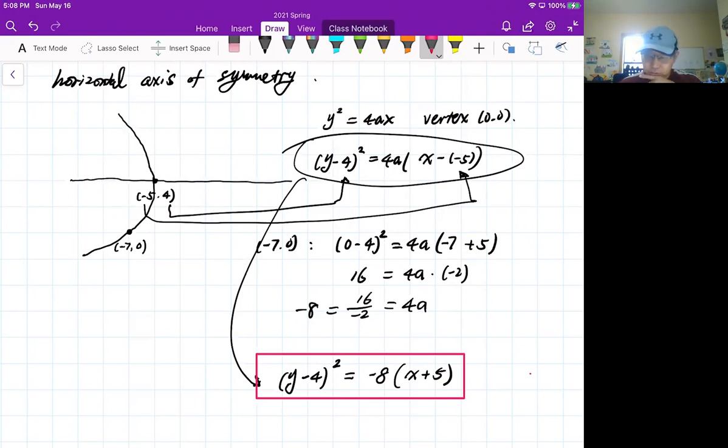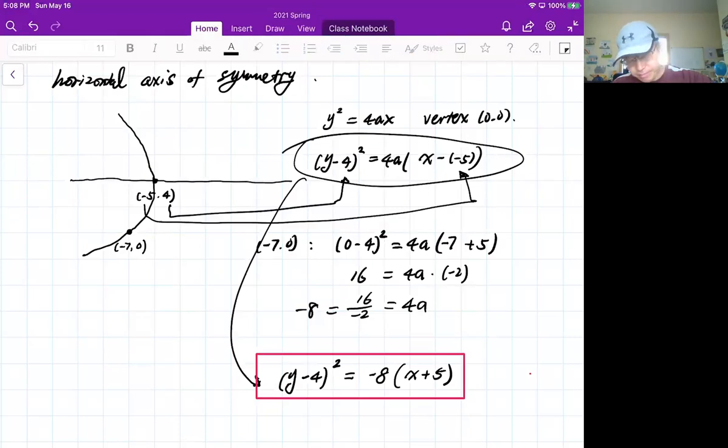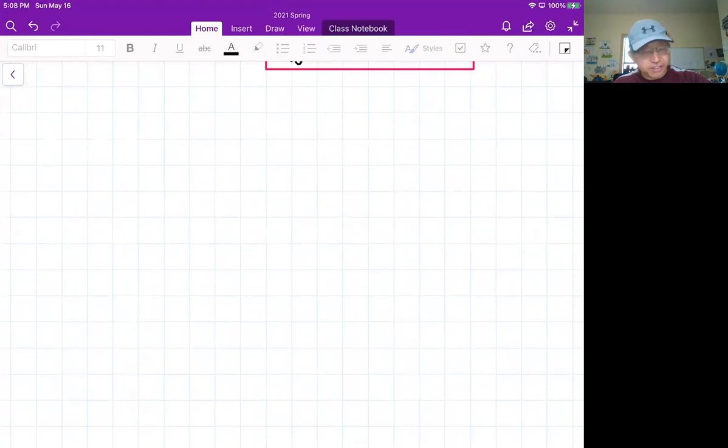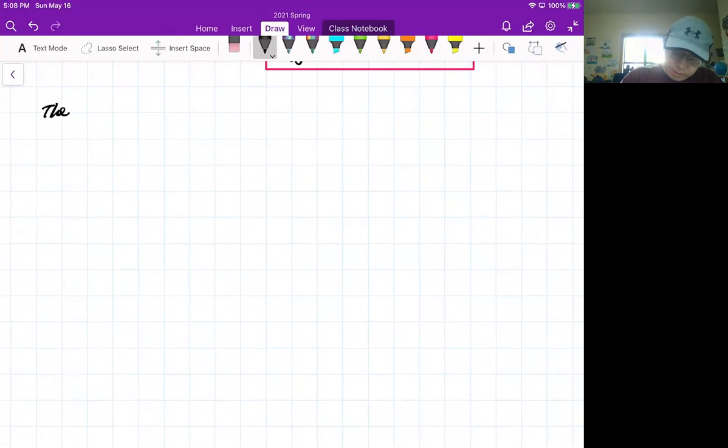So next, I'm going to give you a very nice property of the parabola. The parabola is very important in the sense that it has a very nice property. It's called the reflection property.